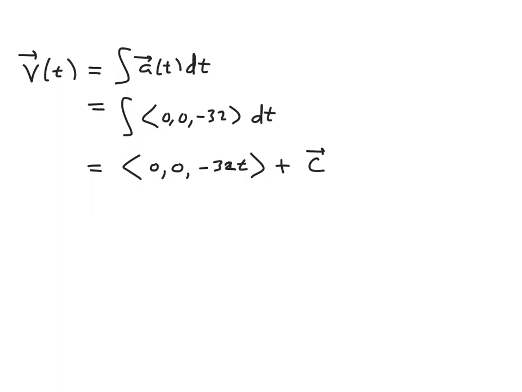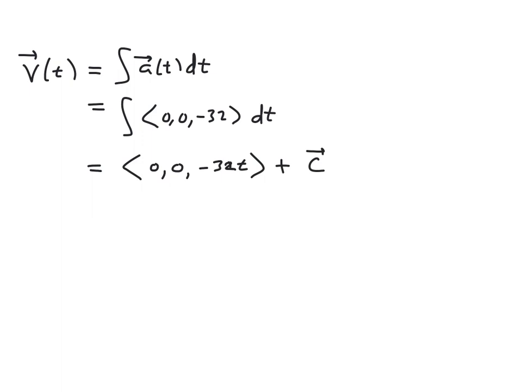This constant vector c becomes important because we need to figure out what the value of that constant vector c actually is in order to find the specific velocity vector v of t in this case.